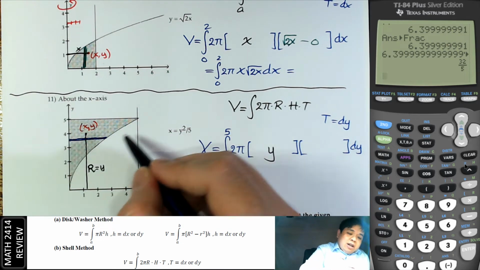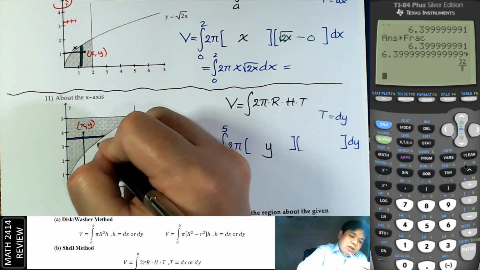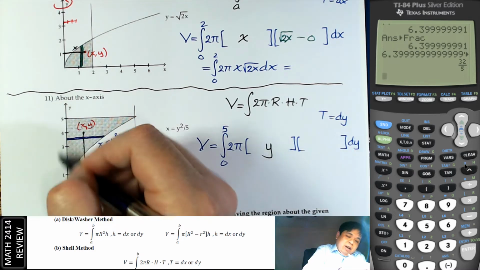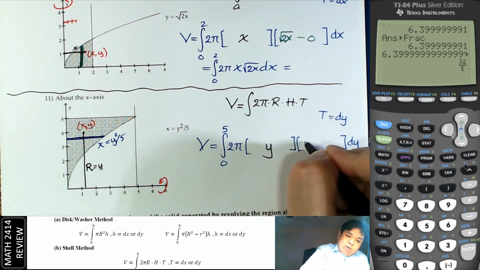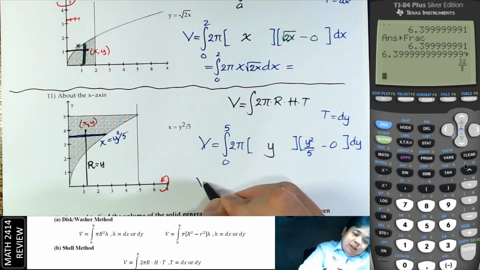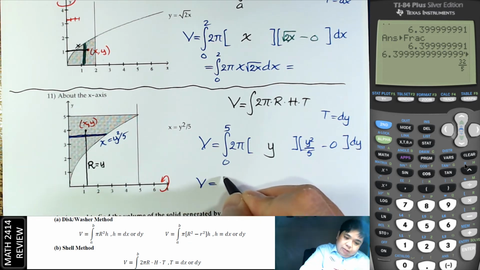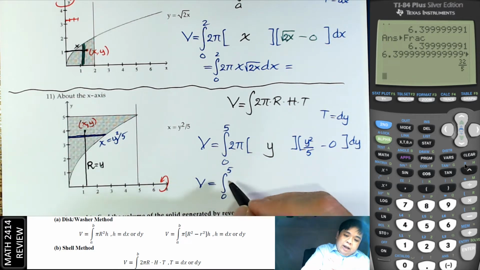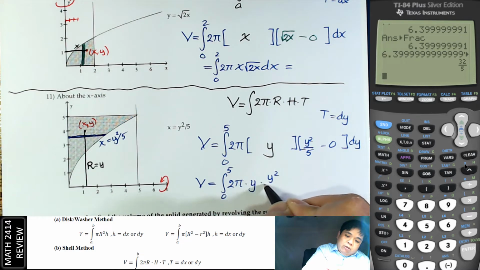So we just take the function on the right, which is x equal to y squared over 5. And then the left is 0, so we just have y squared over 5 minus 0, or just y squared over 5. And then with 2 pi, y squared over 5 dy.